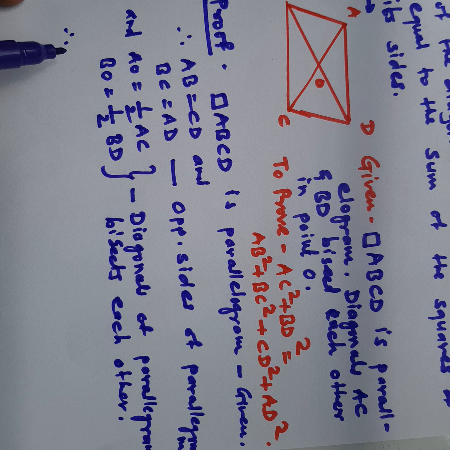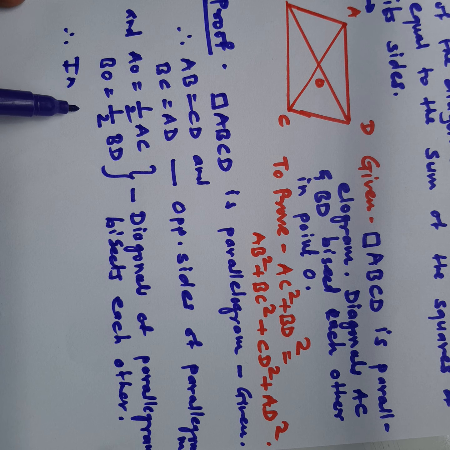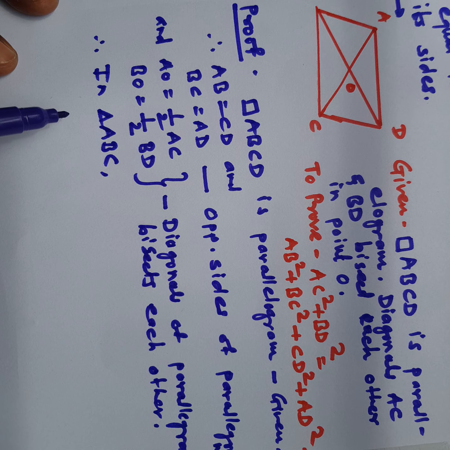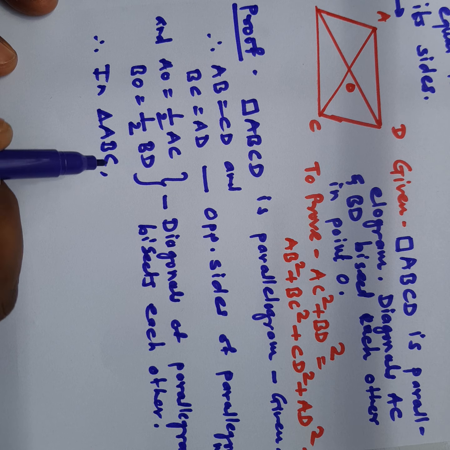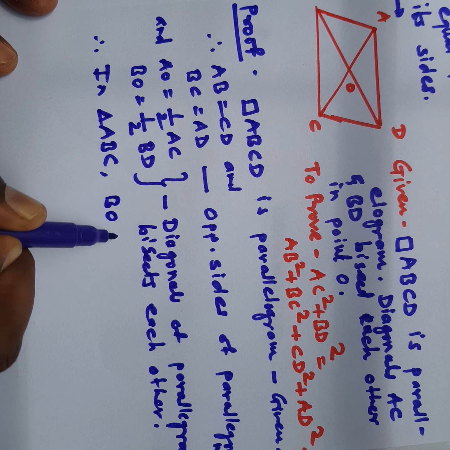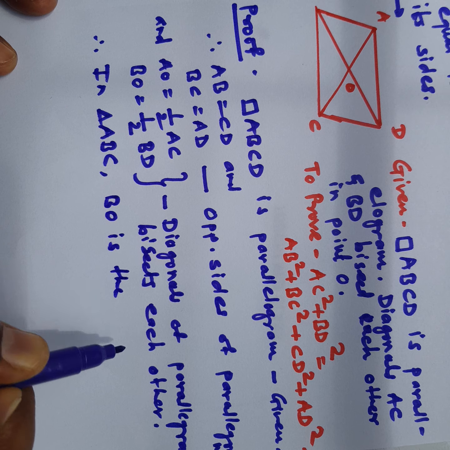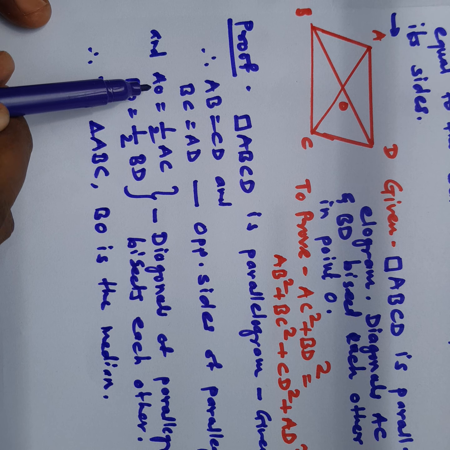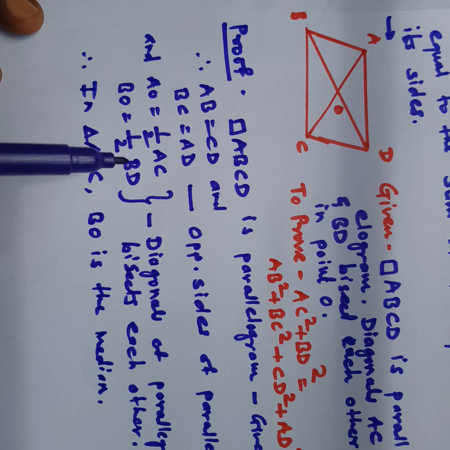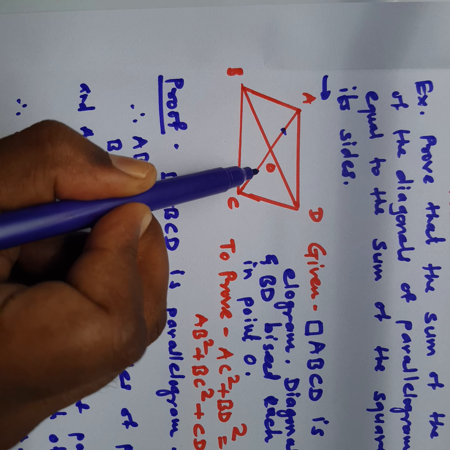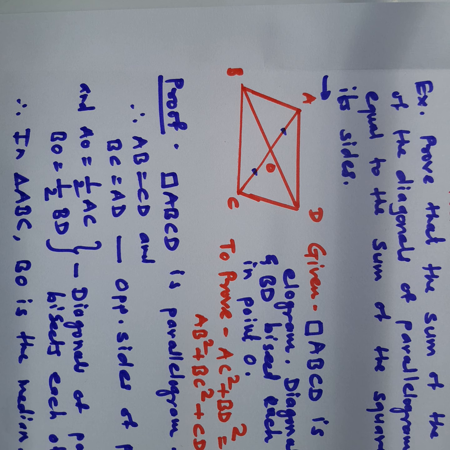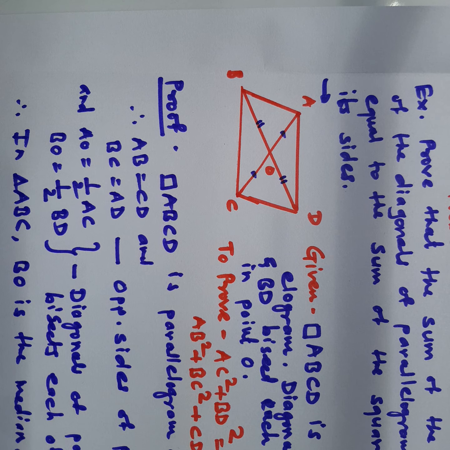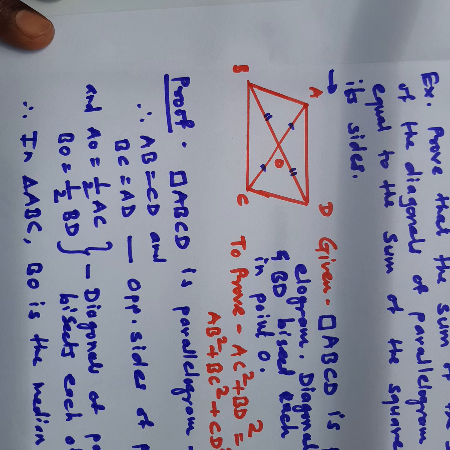Therefore, here in triangle ABC, we will consider triangle ABC. BO is the median. Why? We have written that AO is equal to 1/2 AC, that is O is the midpoint of AC, and BO is equal to 1/2 BD, that is O is the midpoint of BD.